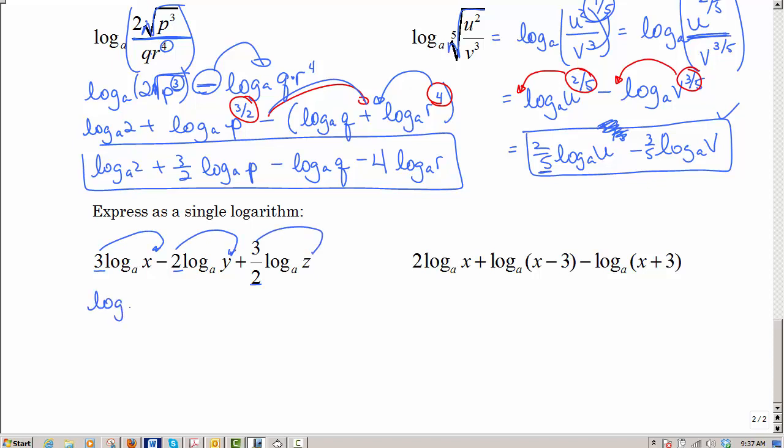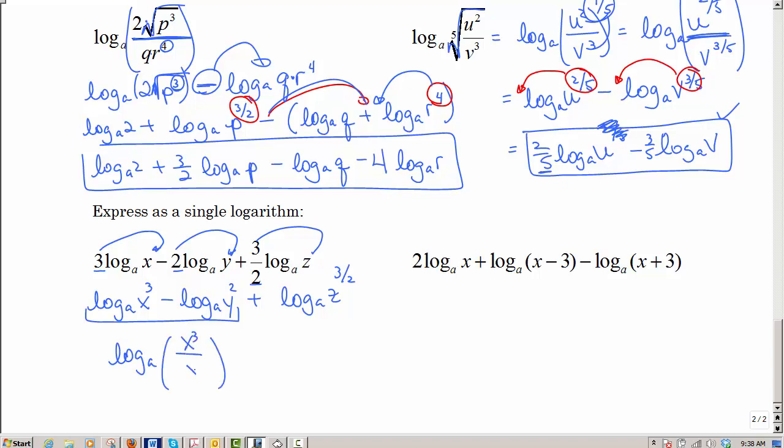So this is log base a of x cubed, and I'm going to keep that negative, it makes it a little bit easier, log base a of y squared plus log base a of z to the 3/2 power. Now working left to right, addition and subtraction, what do those first two have? They have a subtraction, so you can combine these into a single logarithm by our quotient rule, rewriting it like this.